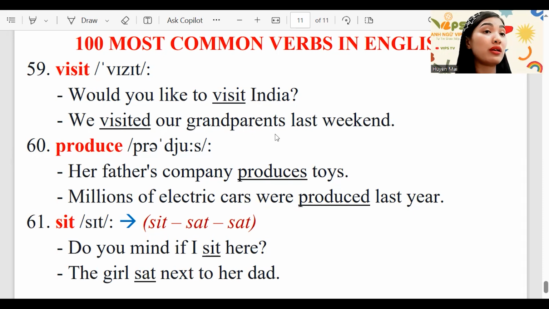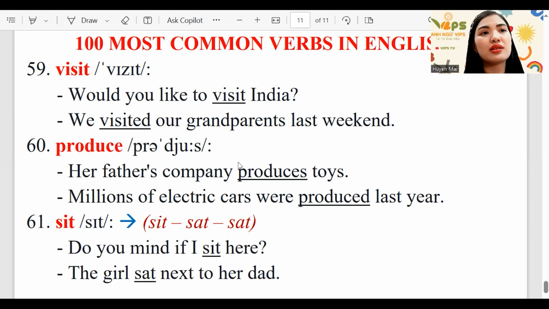Remember, parent, if we don't pronounce parents, not as parent, that means father or mother, mom or dad. But if you want to mean father and mother, mom and dad, we have to pronounce it as parents. And grandparents, that means grandfather and grandmother. We visited our grandparents last weekend.